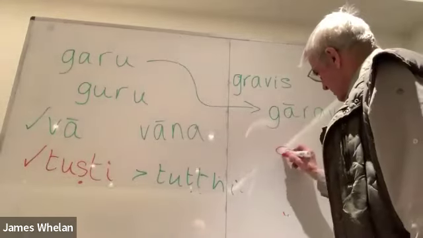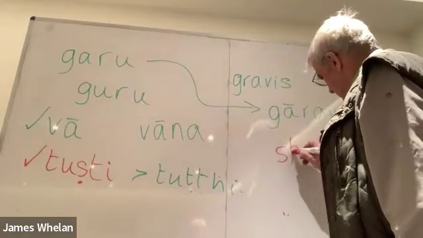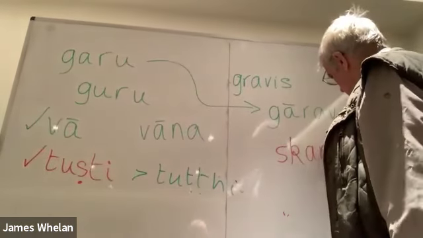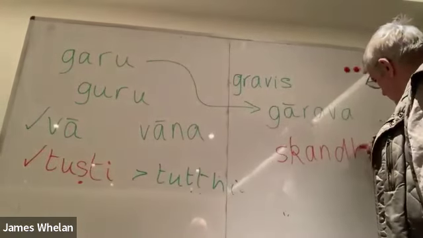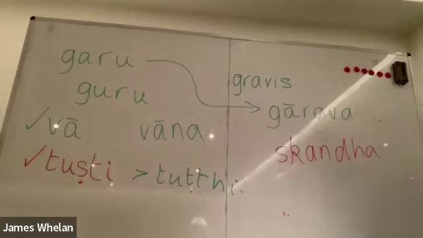So let's take the Sanskrit word skanda, which originally actually means the shoulder, but then comes to mean an aggregate or group of things.